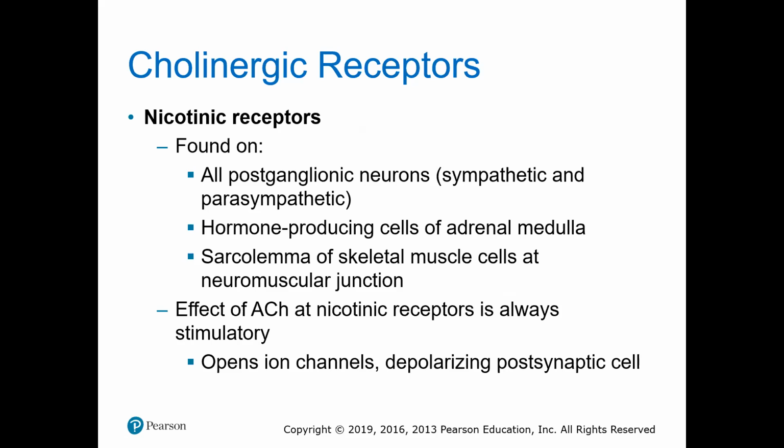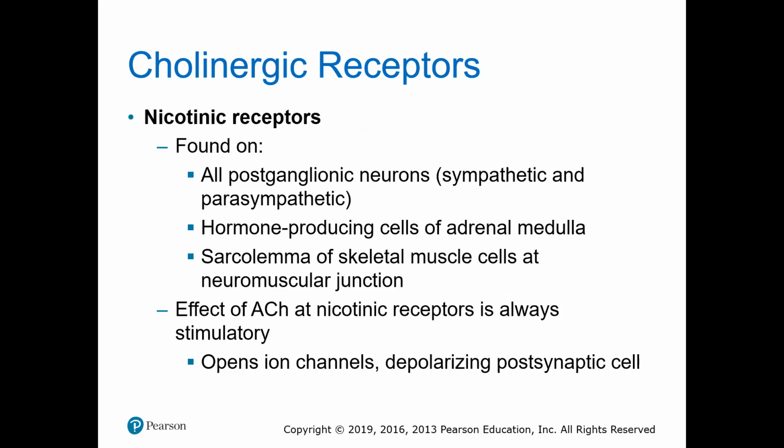We find receptors on all postganglionic neurons, whether they're sympathetic or parasympathetic, because remember, how do we trigger the postganglionic neuron to do something? The preganglionic neuron is always releasing acetylcholine on either the sympathetic or parasympathetic side. Doesn't matter. It always uses acetylcholine. So the receptors are going to be on the postganglionic neuron regardless of whether it's sympathetic or parasympathetic. It's the neurotransmitter at the end that determines what's going to happen.